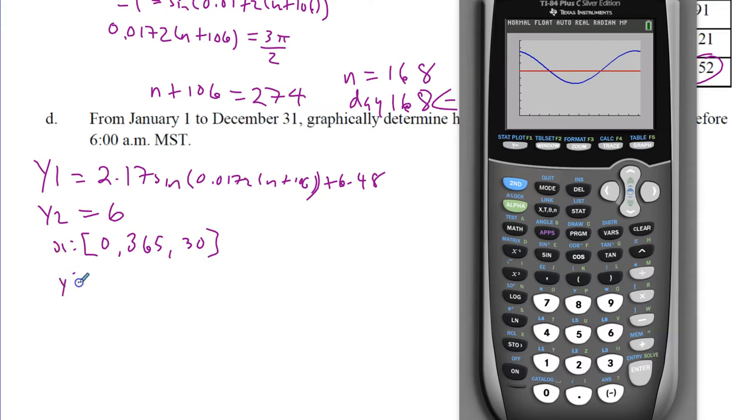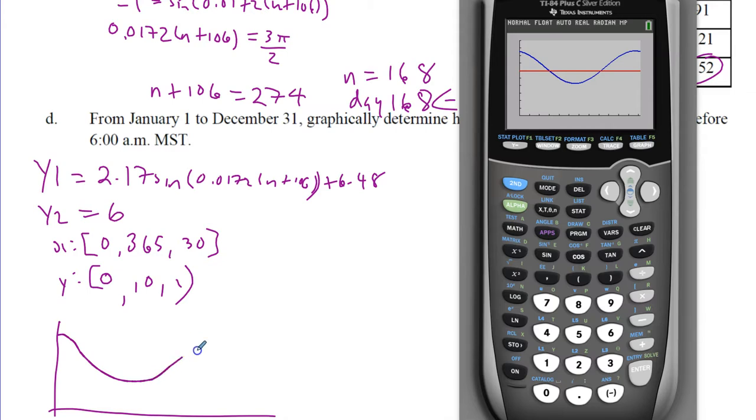And our y values are 0 to 10 by 1. And we will show a sketch of the graph. So let's do that down here. So that's y2, which is 6. That's y1, which is that.